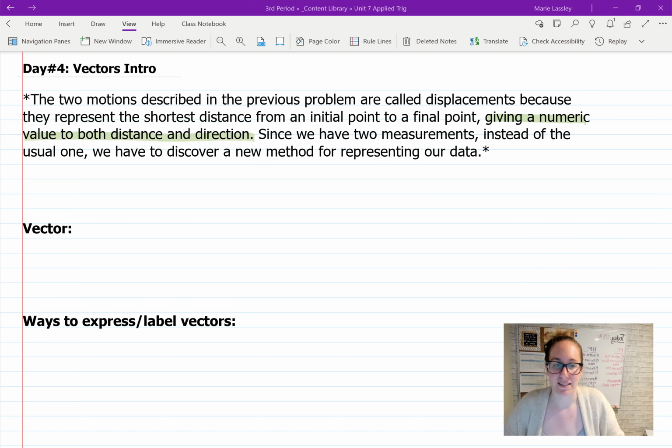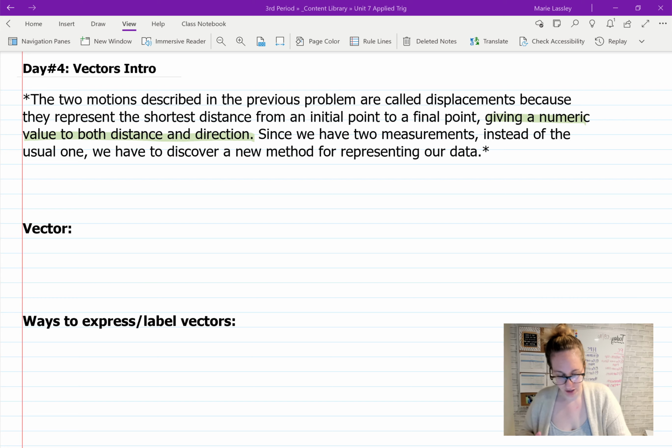That's the main takeaway. They give a single value to both, so you don't have to keep an angle separate from the coordinate point. We're actually going to merge them.